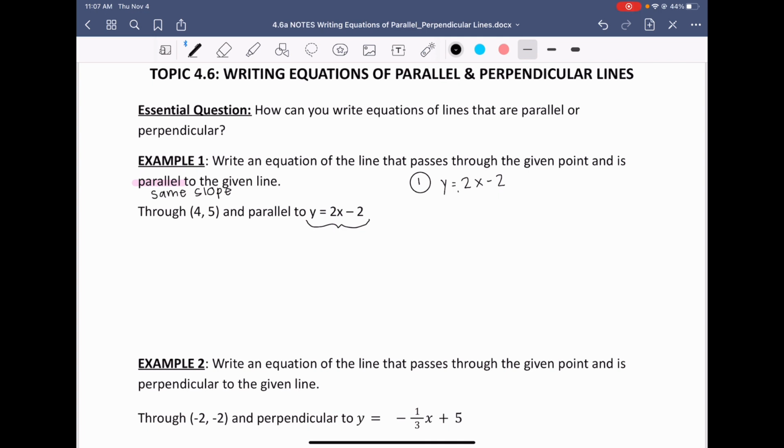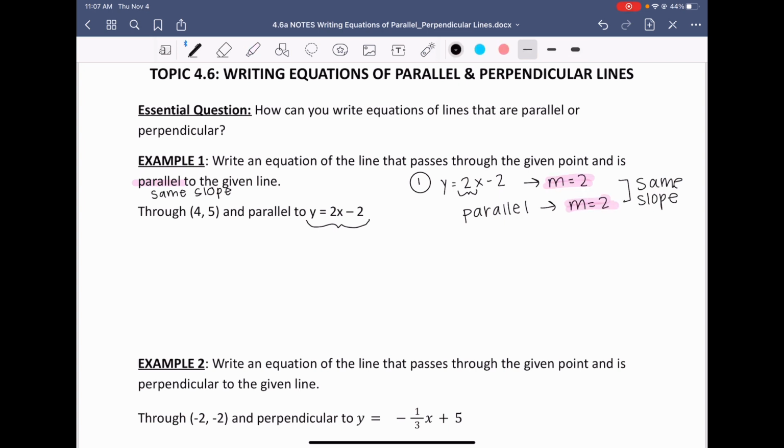The slope of this line is actually 2. And because we want to create a parallel line, we're going to use m equals 2 as well, because we must have the same slope. So our m is 2.